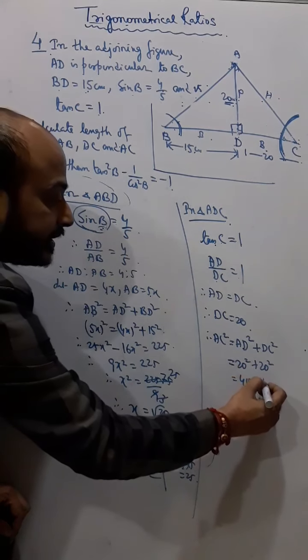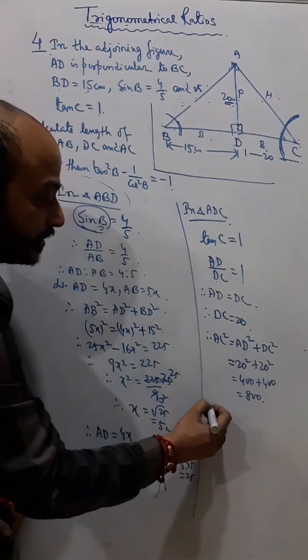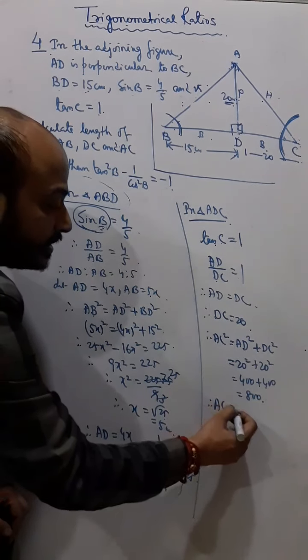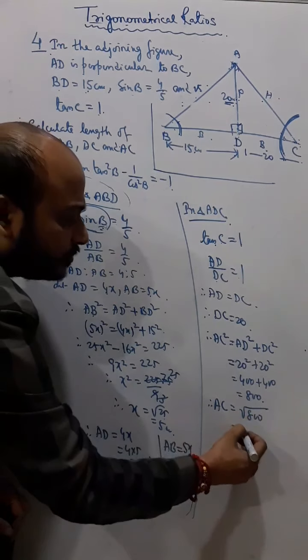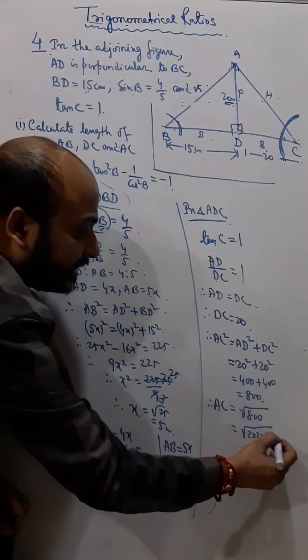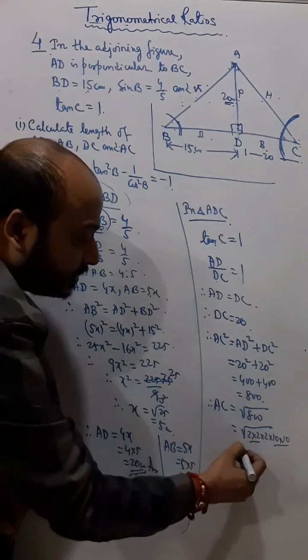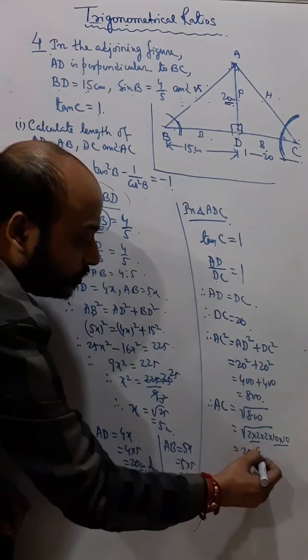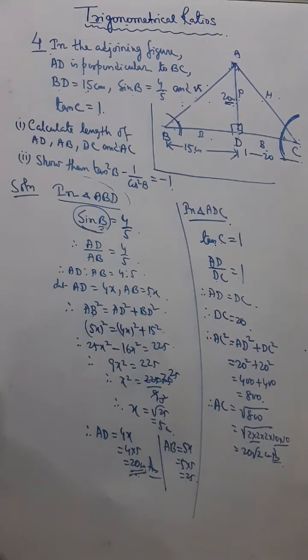We got 400 plus 400 as 800, and AC as root over 800, and after that you know how to solve it. You can break it like 2 into 2 into 2 and 10 into 10. So we got 2 into 10, so that is 20 root 2 centimeter.